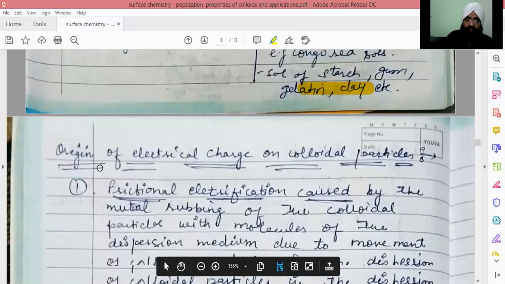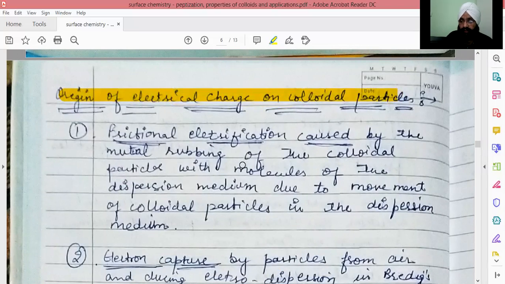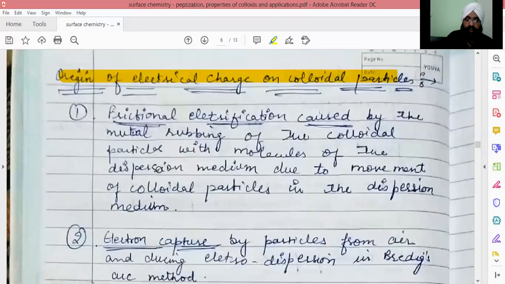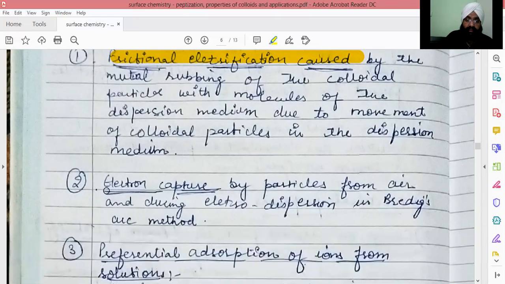Now, what is the origin of electrical charge on the colloidal particle? There are different theories which justify this. The first is the frictional electrification caused by the mutual rubbing of the colloidal particles with the dispersion medium particles. The next theory is the electron capture by the particles from the air during electrode dispersion method, which is Bredig's arc method.